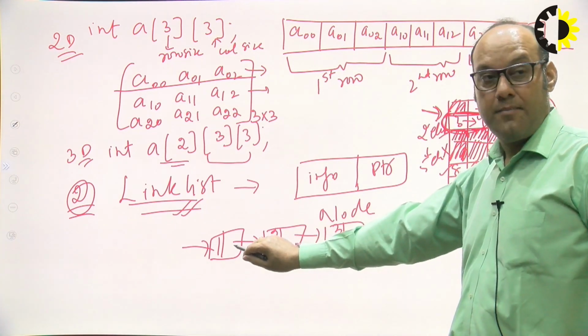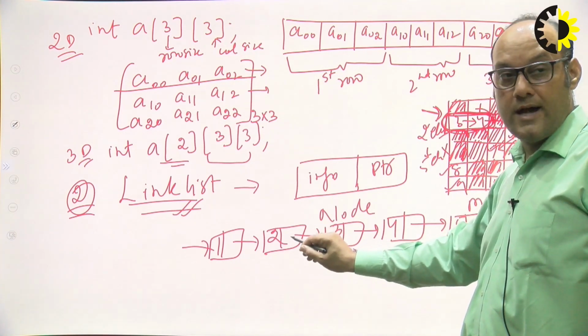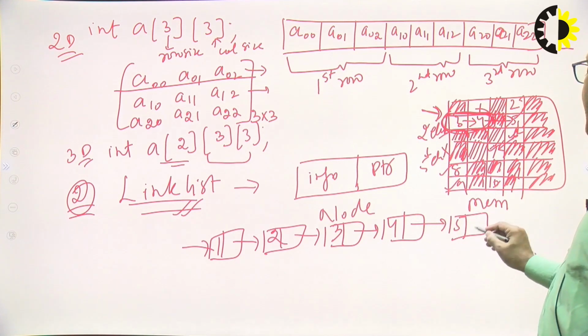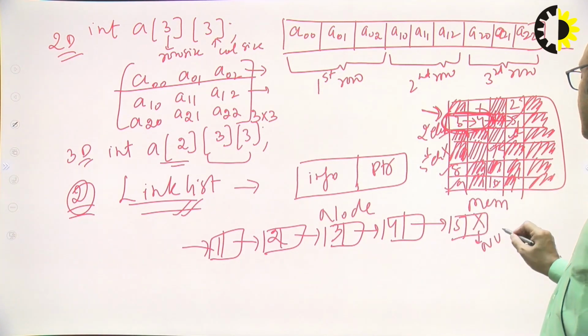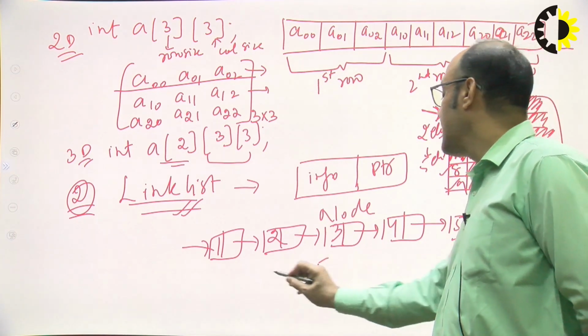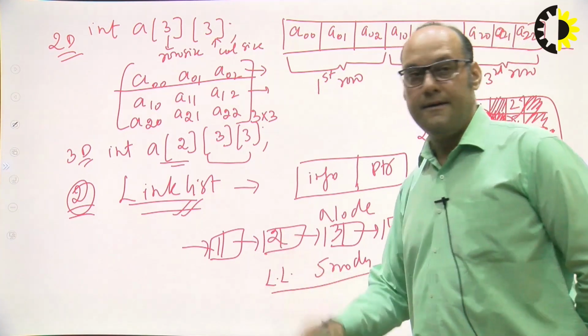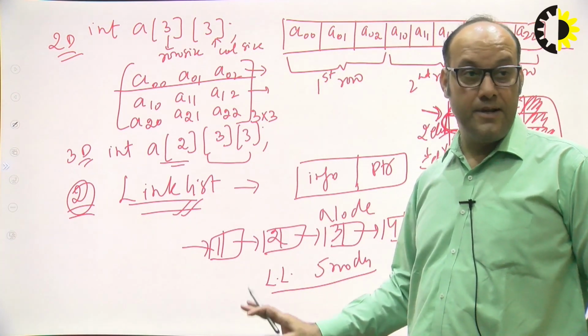The address part will indicate the second node, the address of the second node will point to the third node, third to fourth, fourth to fifth. And this is my last node, where it will keep the null pointer. So this is a linked list with 5 nodes. In my coming lecture, I will explain this linked list in depth.